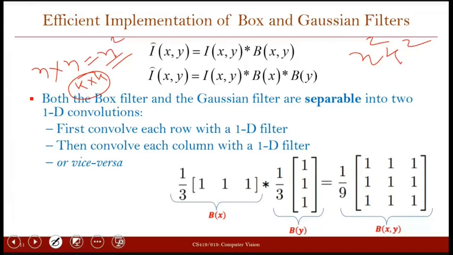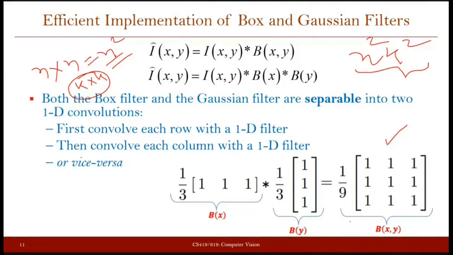Now we'll see that by a little manipulation, we will be able to reduce this, because these filters, whether it's a Gaussian filter or the box filter, are separable filters, which basically says that a two-dimensional filter, in the case of the box filter, can be written as a combination of two one-dimensional filters.